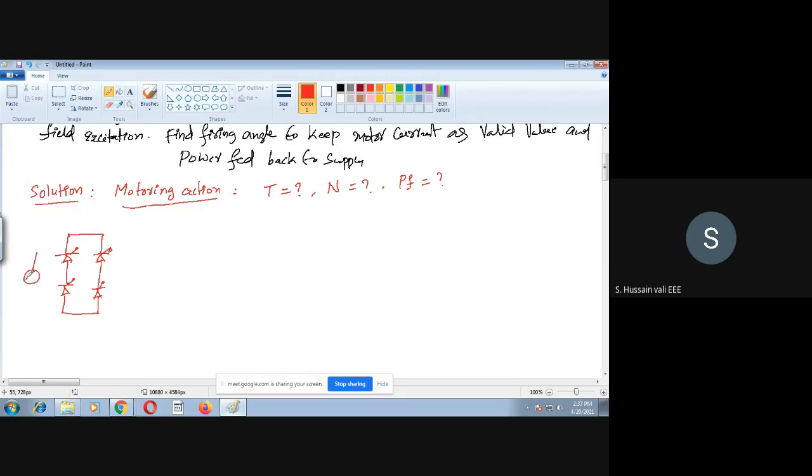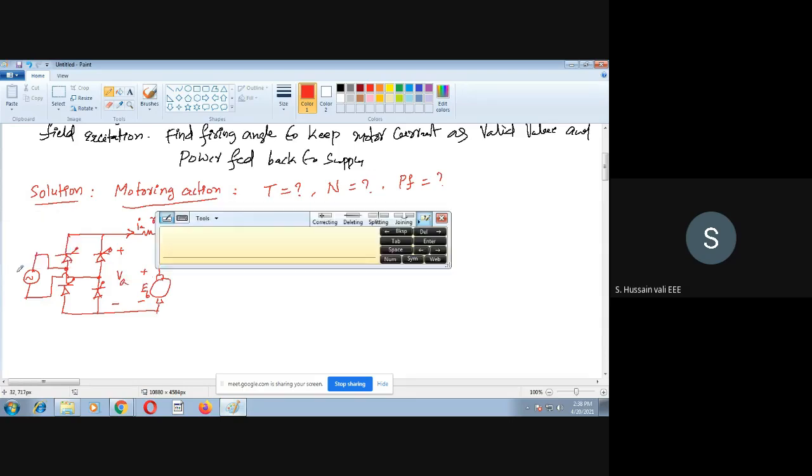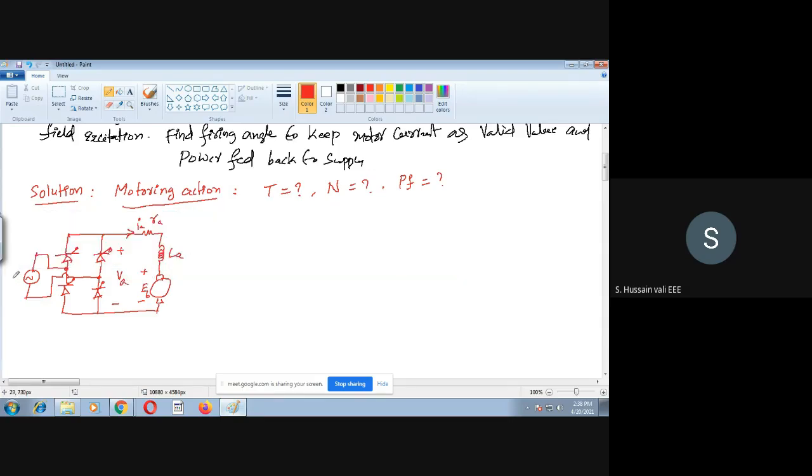So this is RA, this is LA, and the EMF induced here is EB, and the current flowing here is the armature current IA, the voltage across the entire motor terminals is VA, and the supply voltage is VS. So this is the circuit he has given.